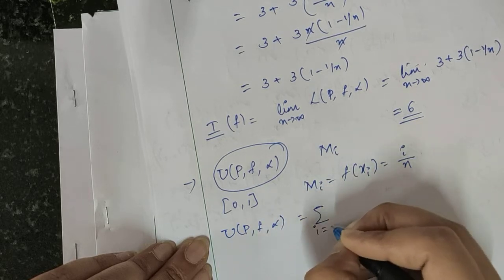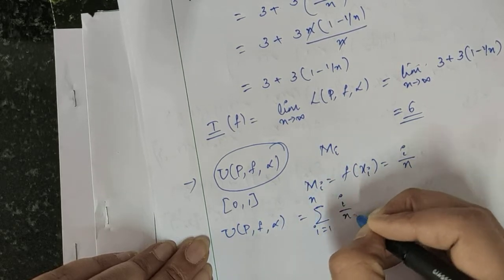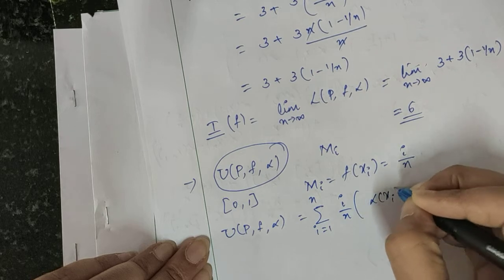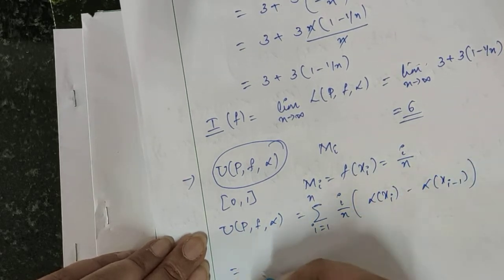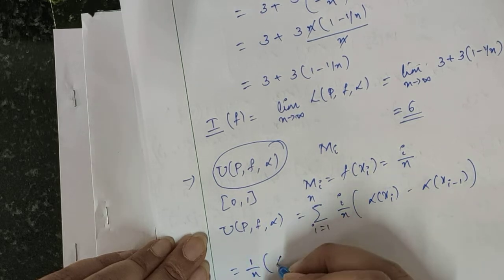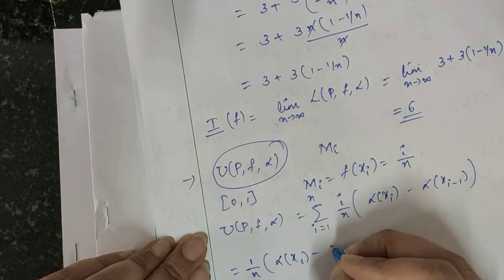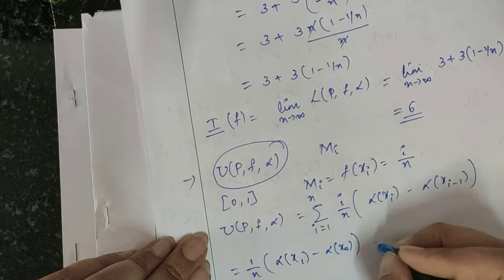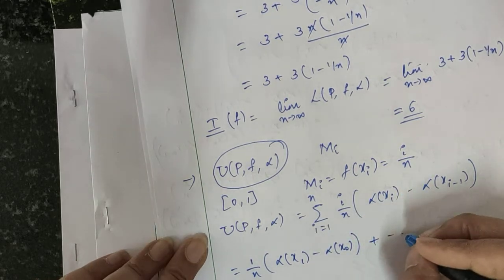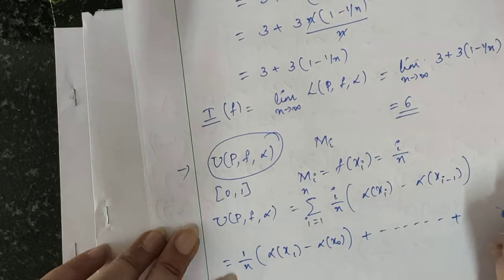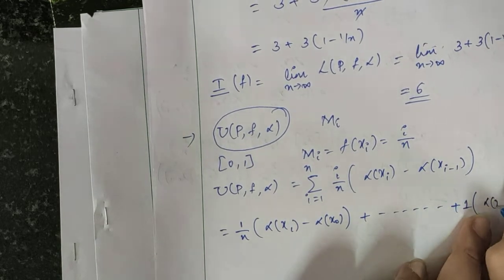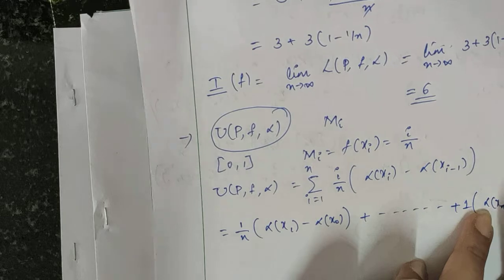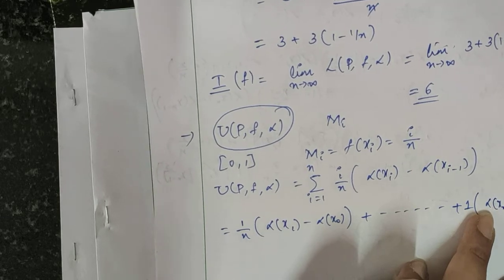This is summation i equal to 1 to n of i by n into alpha of xi minus alpha of xi minus 1. This will be 1 by n into alpha of x1 minus alpha of x0, plus it continues on up to n by n, which is 1, into alpha of xn minus alpha of xn minus 1.